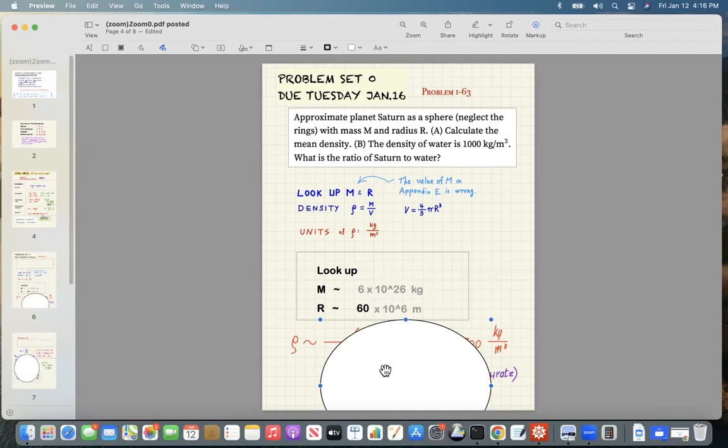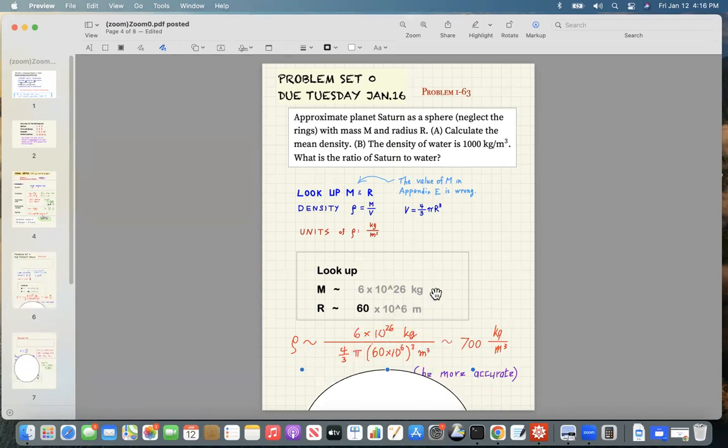All right, so now the rest is just math. You want to calculate rho. It's the mass, that's 6 times 10 to the 26 with its unit, kilogram. And in the denominator, the volume, that's 4/3 pi r cubed. Here's r, and here's its unit, meters cubed. This is the calculation you write down in your notebook.